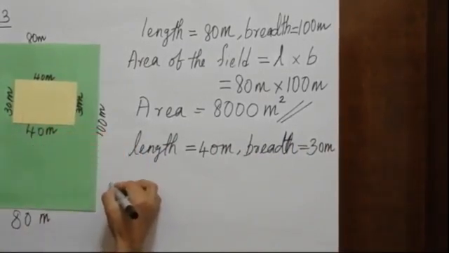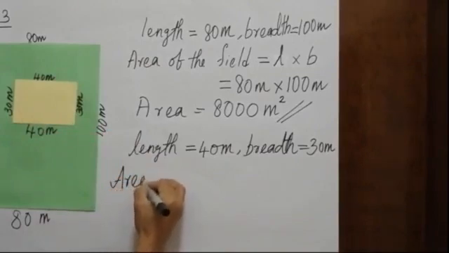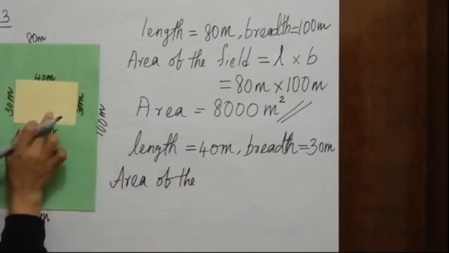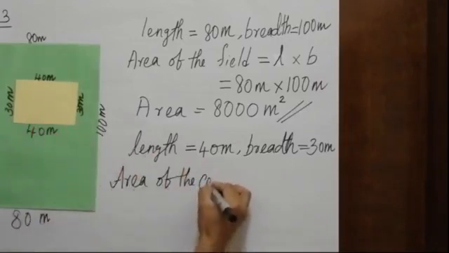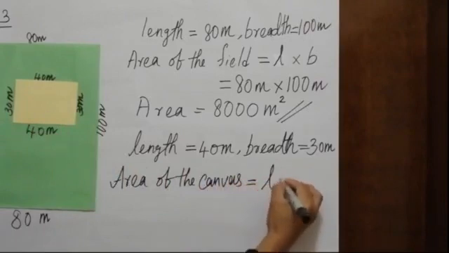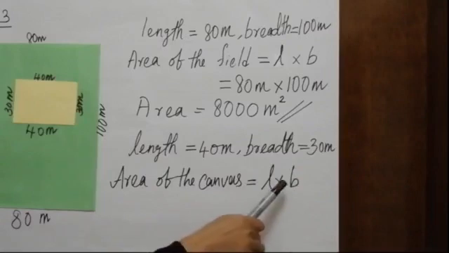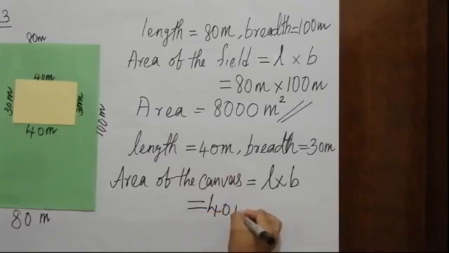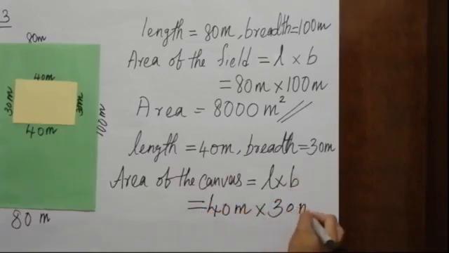So write the next line, area of the canvas. Okay, this is the canvas, equals L multiplied by B, length multiplied by breadth, equals 40 multiplied by 30 meter.